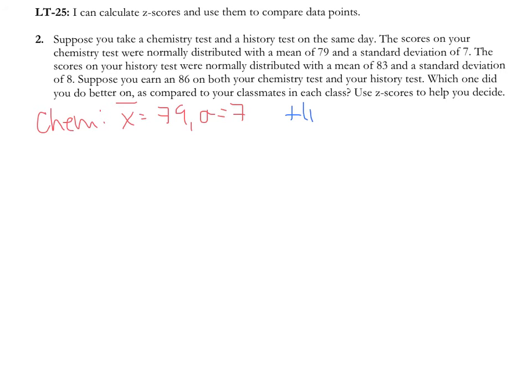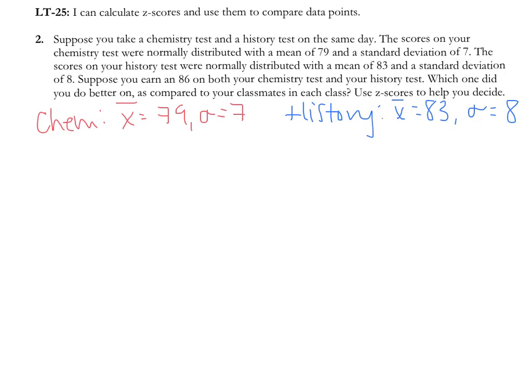In history, you had a mean of 83 and a standard deviation of 8. And then you earned an 86 on both your chemistry test and your history test. So your score in history and chem was actually the same. But the question is, which one did you do better on as compared to your classmates in each class?